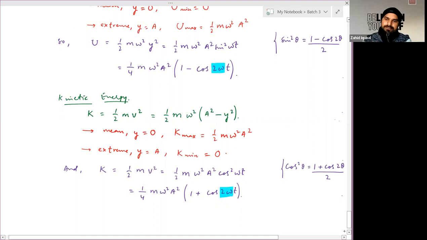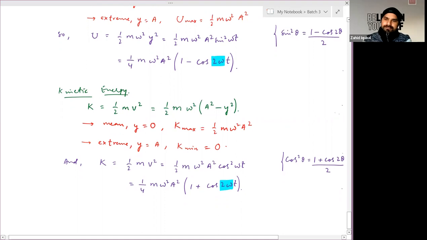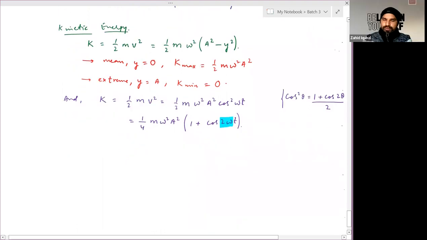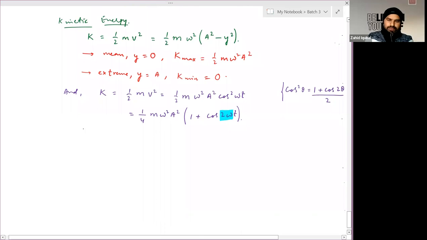Riba, is it clear? Now we have both kinetic energy and potential energy. On combining these two quantities together, you'll get the total energy. So next is total energy equals potential energy plus kinetic energy.